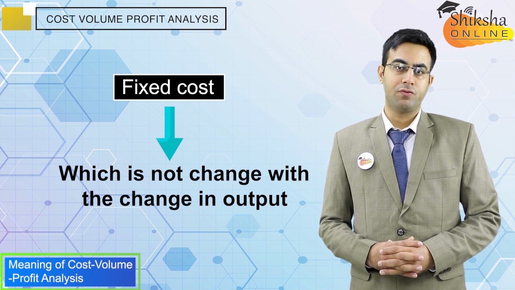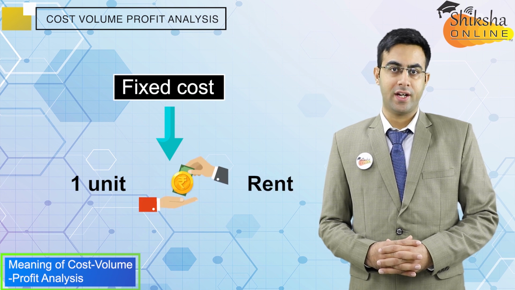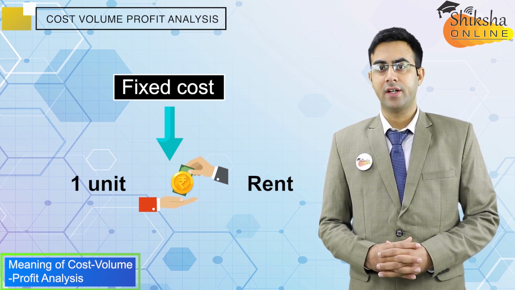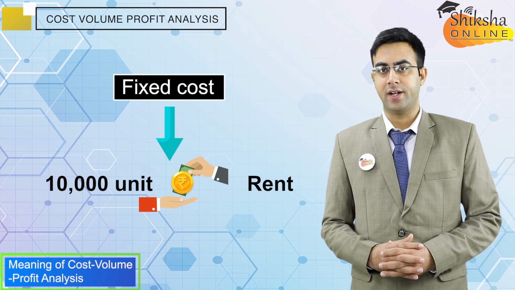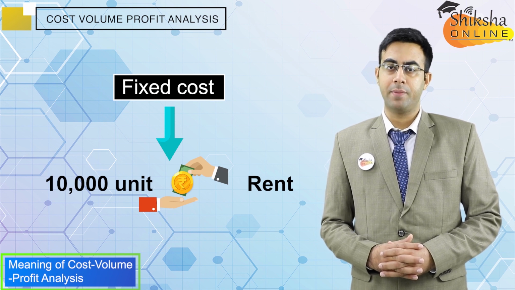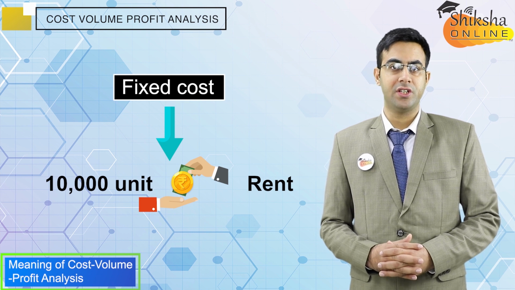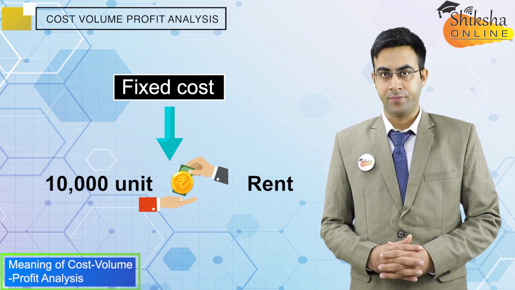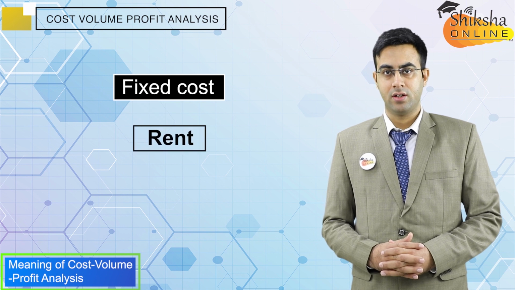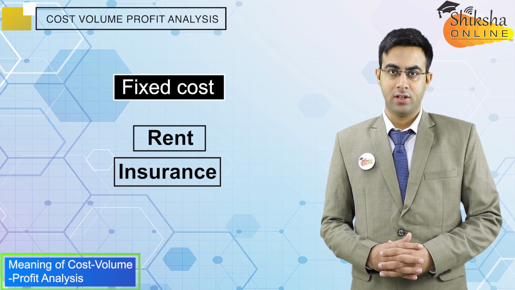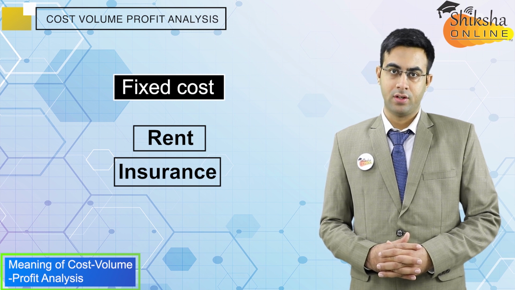Even if I produce 1 unit, I have to pay the rent. Even if I produce 10,000 units, I have to pay the rent. The amount of rent will remain the same. So fixed cost is the cost which does not change with the change in the level of output. For example, rent and insurance are called fixed cost.